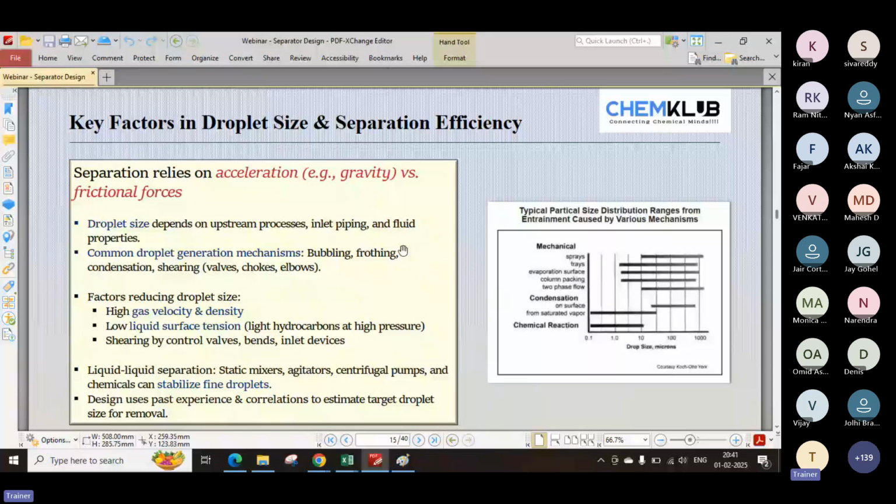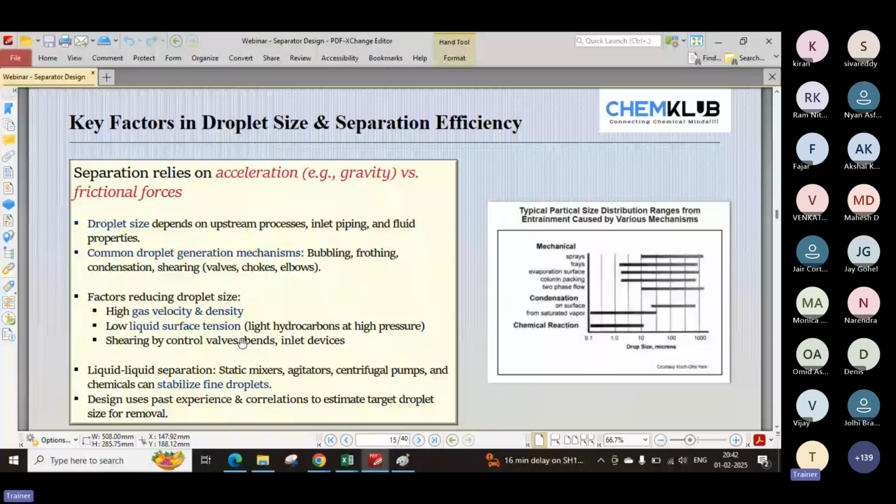The factors that may reduce the droplet size are high gas velocity and density, or liquid surface tension, that is the surface tension of any liquid flowing along with it.